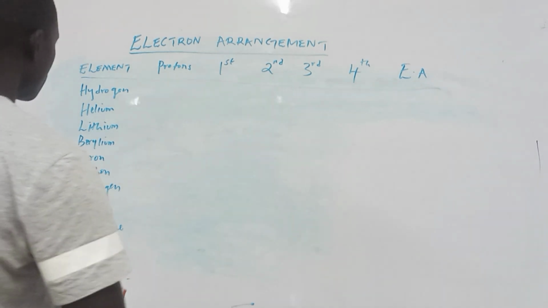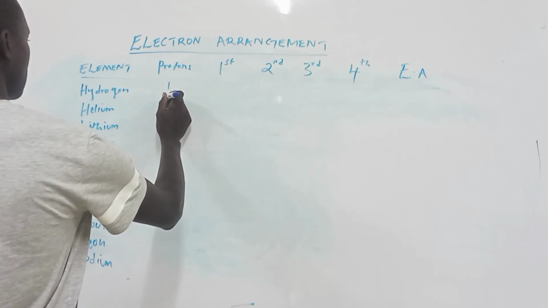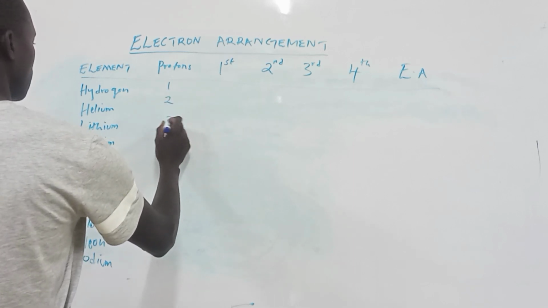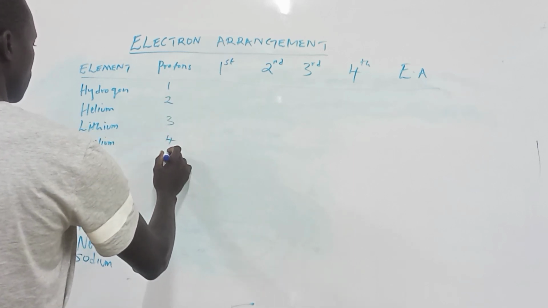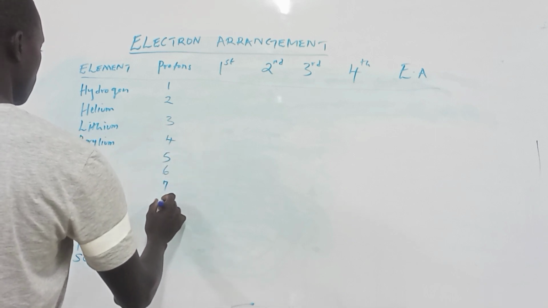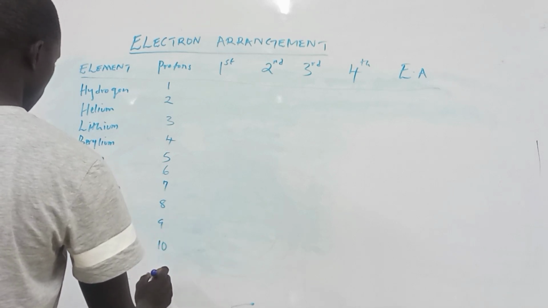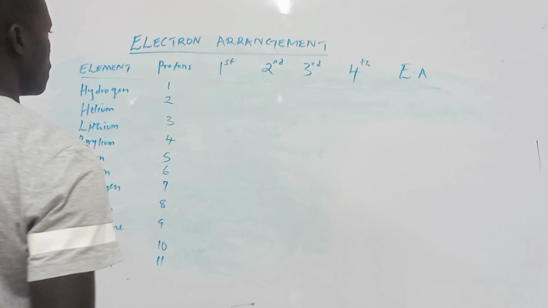So protons in hydrogen is 1, helium it is 2, 3 in lithium, 4 beryllium, 5 boron, 6 carbon, 7 nitrogen, 8 oxygen, 9 fluorine, 10 neon, 11 sodium.